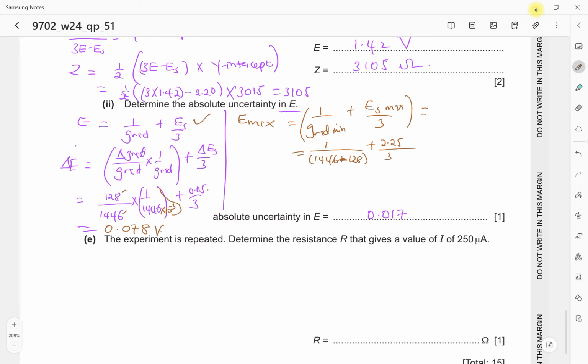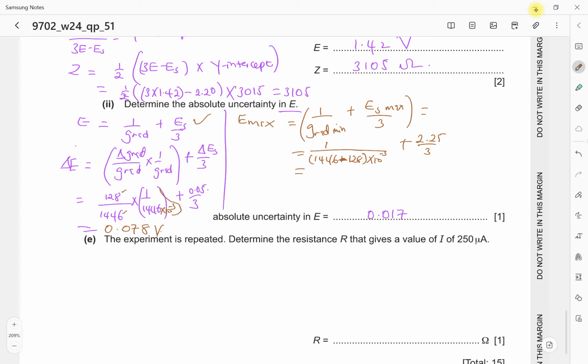So here I also have to change this because this is in volts. I should also change it, so I'll say times 10 to the power of minus 3. Then plus 2.25 divided by 3. I can't add when the units are not the same.